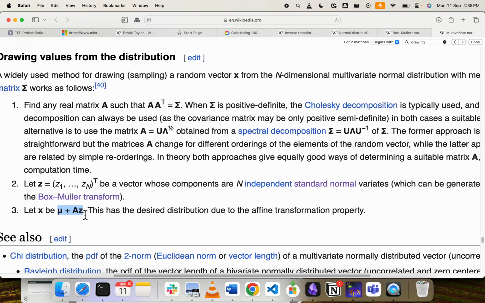How do we get samples from a multivariate normal with mean 0 and covariance identity? How can we get that? Let everyone think for a second. How do we get samples from a multivariate normal distribution with mean 0 vector and covariance as the identity matrix? If the dimension is n, then get n samples from normal 0, 1.